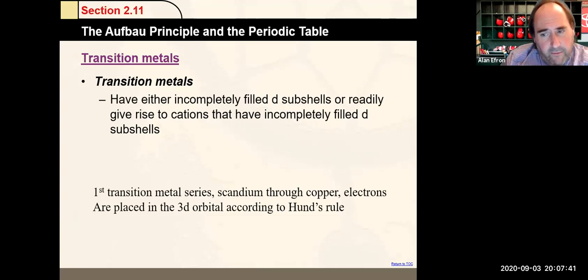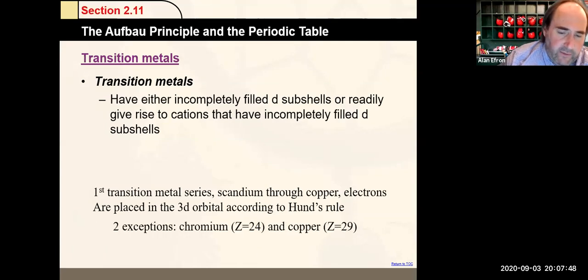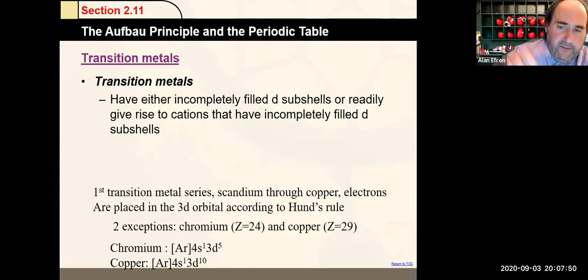There actually are more, and we'll see them in just a second, but there are 2 exceptions to electron configuration that is different than you would predict based on our zigzag method. And it's in that first row transition metal region. It is chromium, which is number 24, and it is copper, which is number 29. So these are 2 exceptions in terms of how you would write the electron configuration.